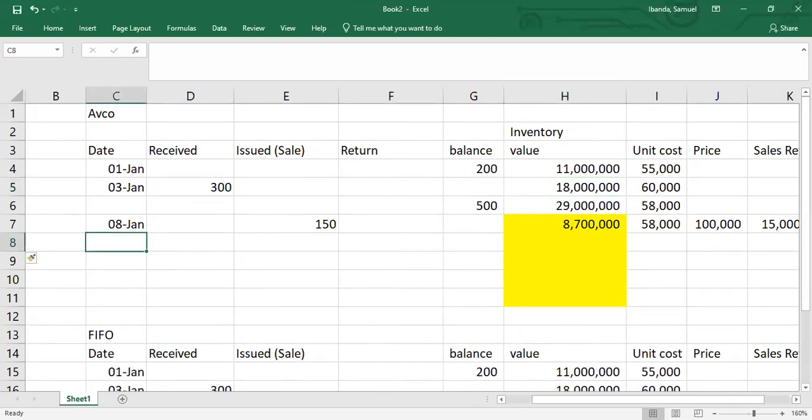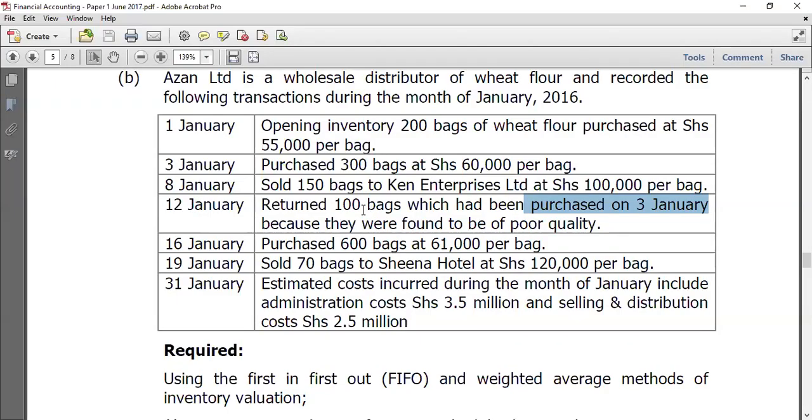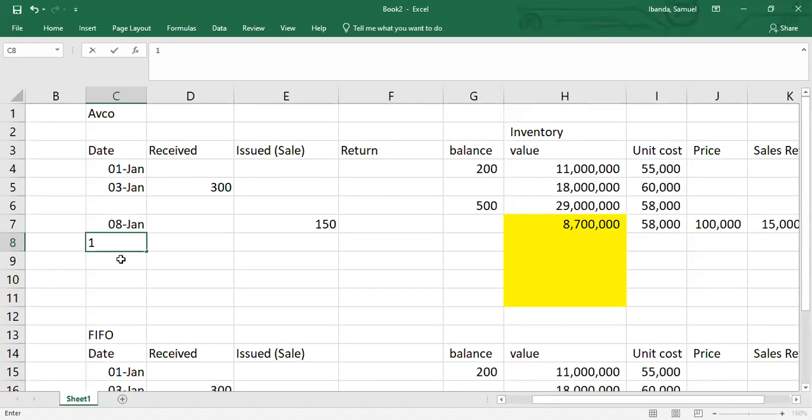So they are telling us that on 12th January, 100 bags that were bought at this were returned. Okay, so this will be 12th of January. Okay, so 100 are their returns.